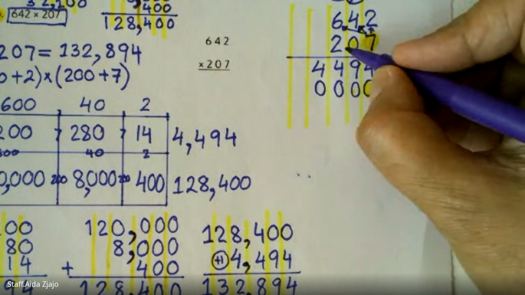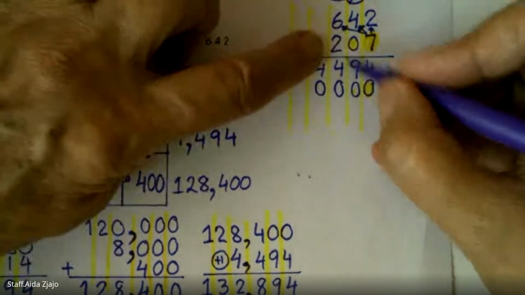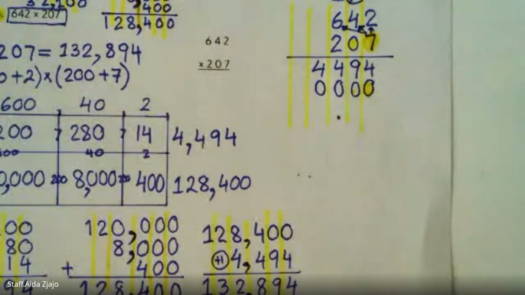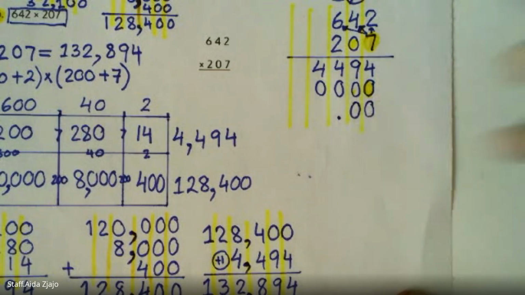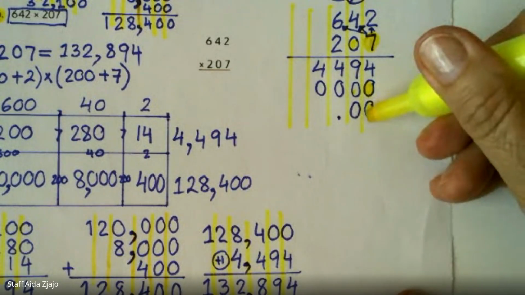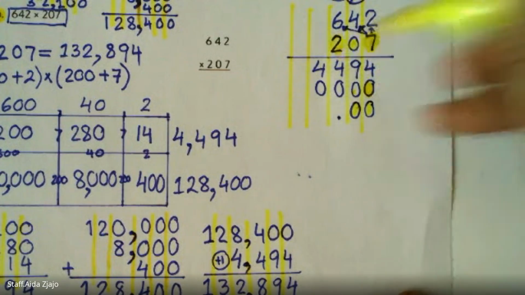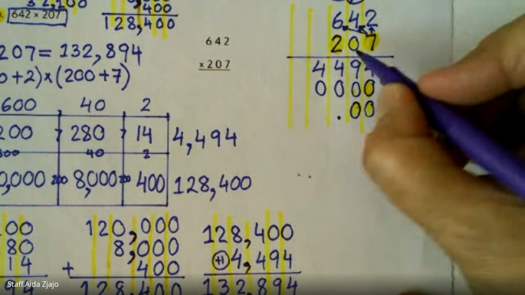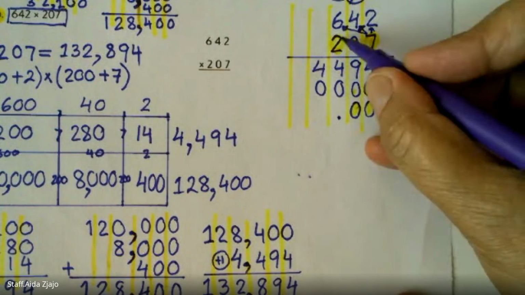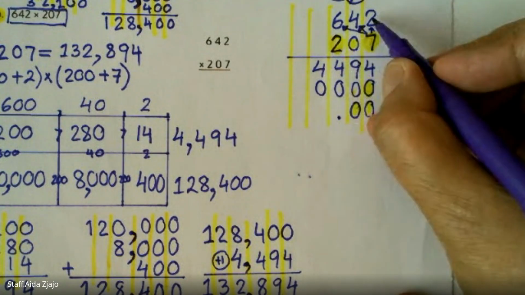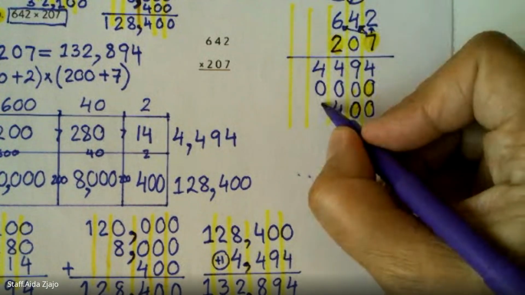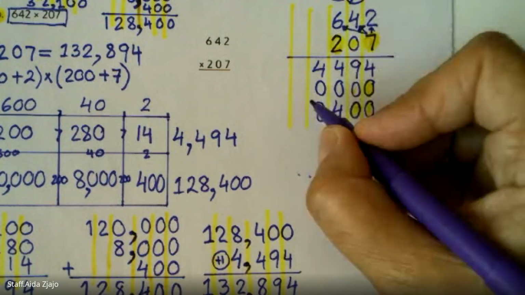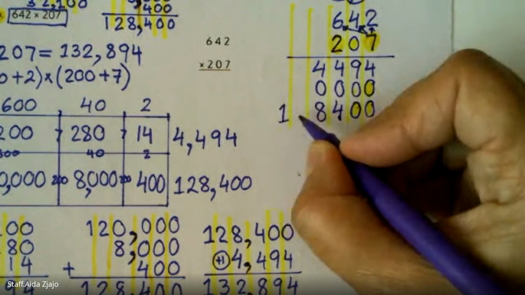Now, I'm moving to the hundreds, so I need to start writing right here. The ones and the tens need to have 0, because this is 200. 200 represents 200. 2 times 2 is 4. 2 times 4 is 8. 2 times 6 is 12.